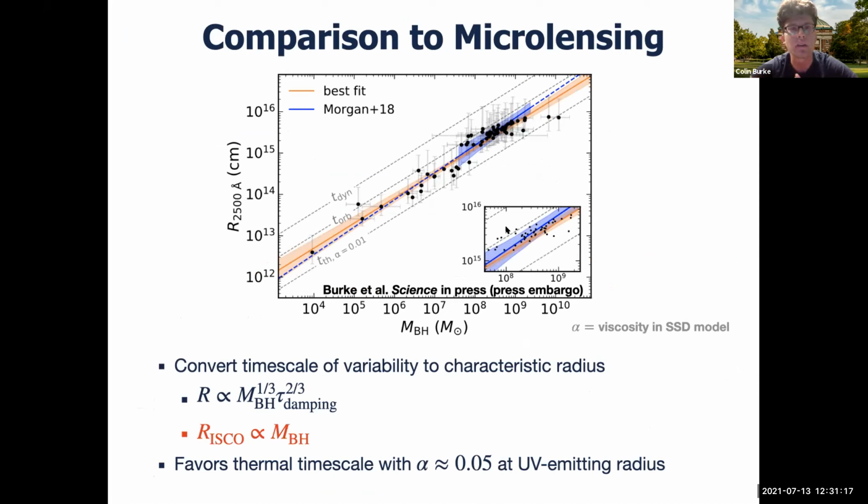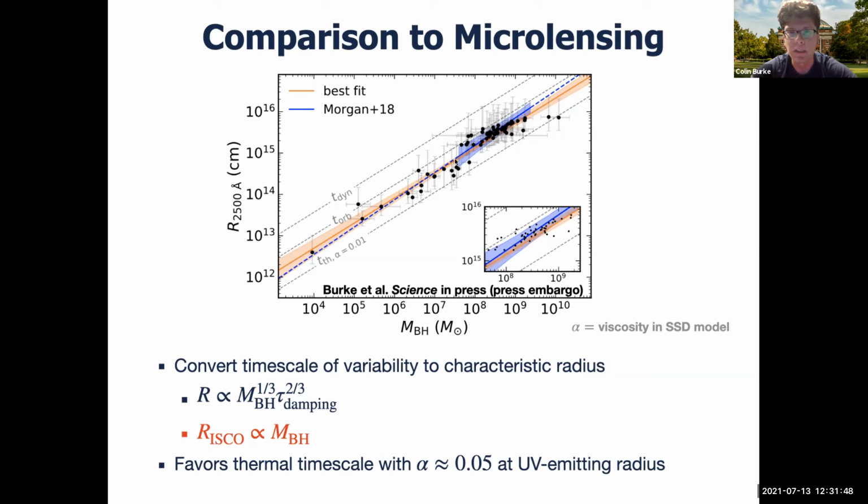And when we do that and scale it using the known wavelength scaling of tau from previous work to the UV radius, we find that our result here in the orange is consistent with the microlensing results from Morgan et al. 2018, microlensing observations of accretion disk radii at 25,000 angstroms.